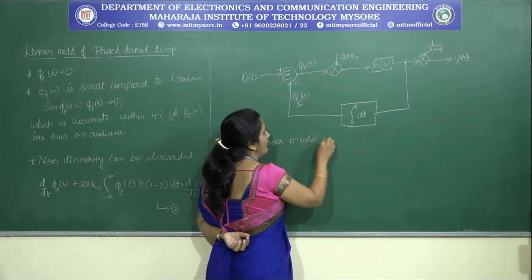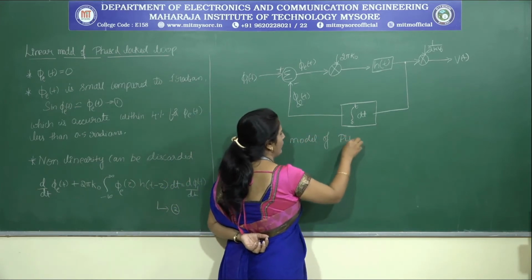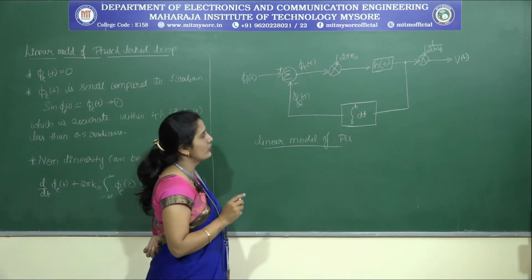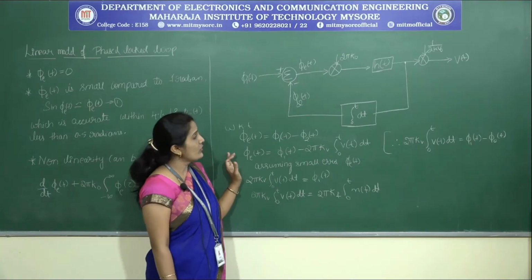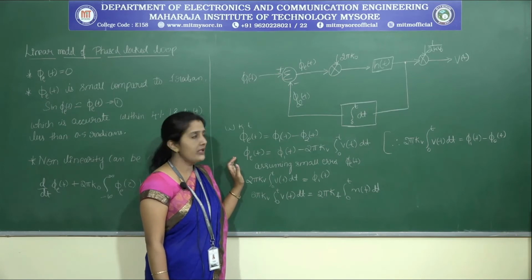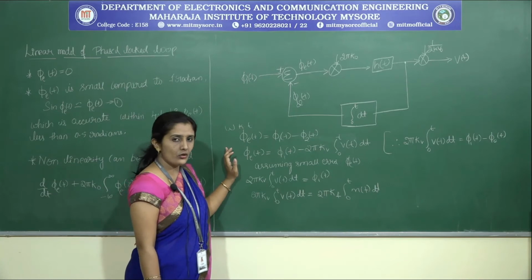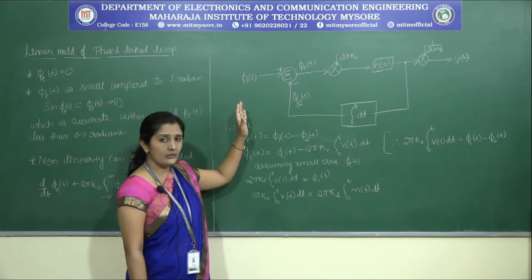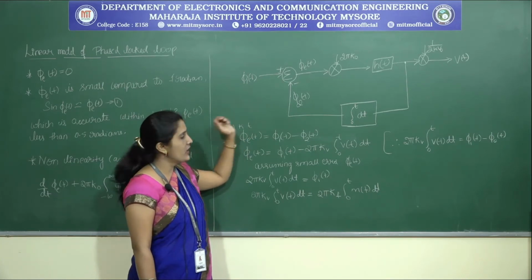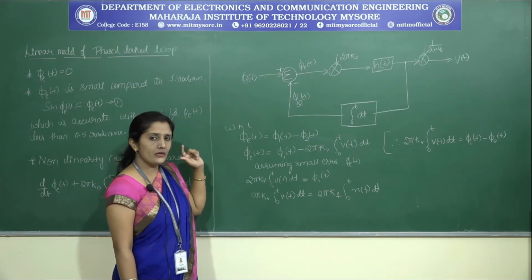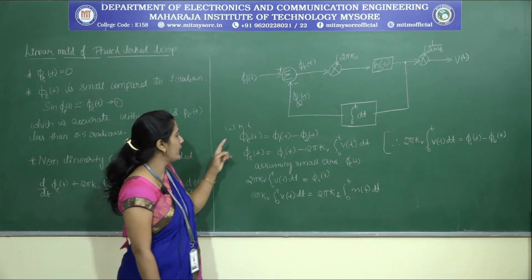This is called the linear model of the phase lock loop, where we have removed the sinusoidal term. Also, in order to say this is a linear model, the output voltage v of t should be directly proportional to the message signal m of t.